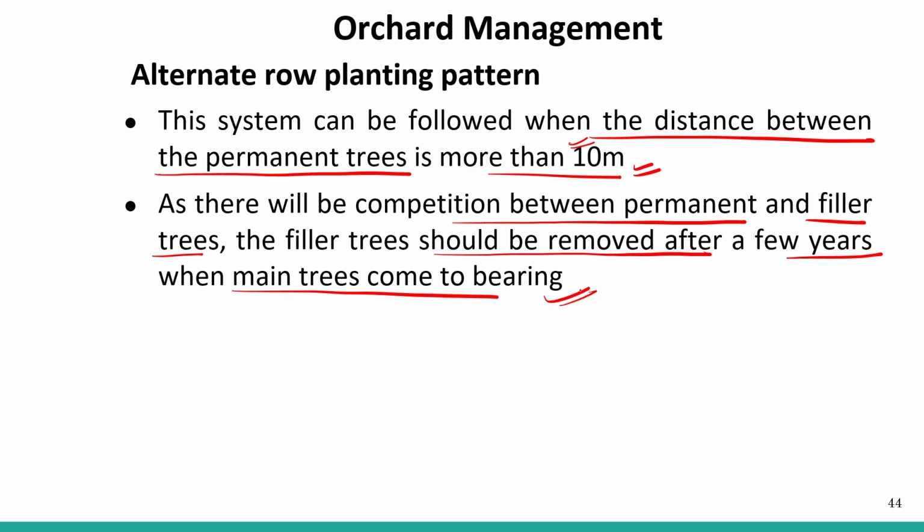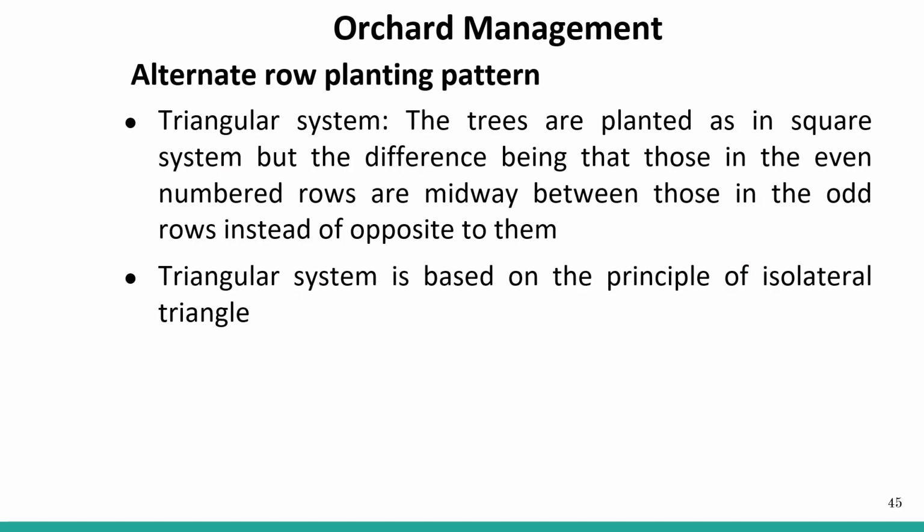So when there is fruiting in the main tree, at that particular time we can remove the filler tree because there will be competition for the nutrients available in the soil, competition for water, and competition for sunlight. So for this we can remove the filler trees.